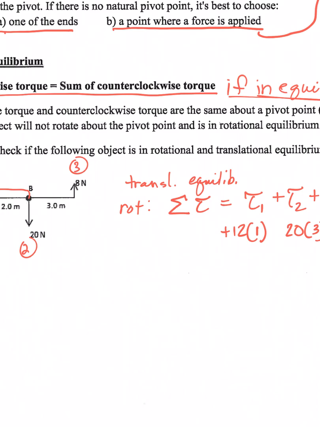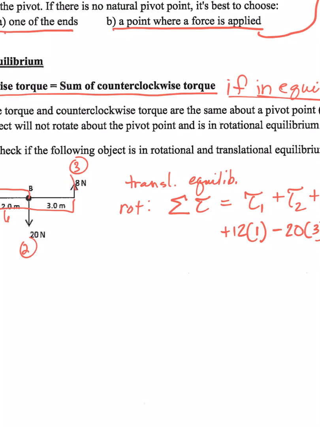Clockwise, which means its sign is negative. So minus. And then we do torque 3, which is 8. How far away is it from the pivot? From here to here is 6. So 8 times 6. Is it going to be positive or negative? Why positive?